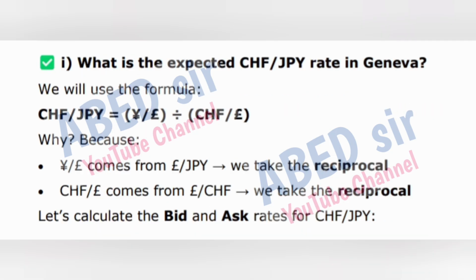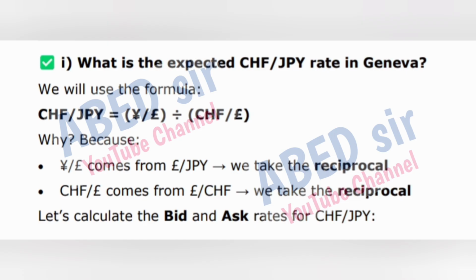What is the expected Swiss franc to Japanese yen rate in Geneva? We will use the formula: Swiss franc to Japanese yen is equal to yen to pound divided by Swiss franc to pound. Why? Because yen to pound comes from pound to Japanese yen, we take the reciprocal. Swiss franc to pound comes from pound to Swiss franc, we take the reciprocal.